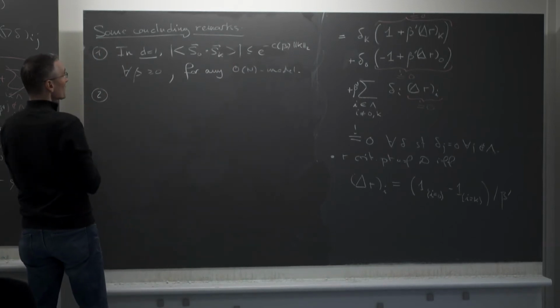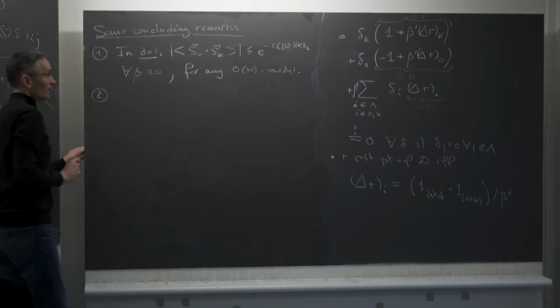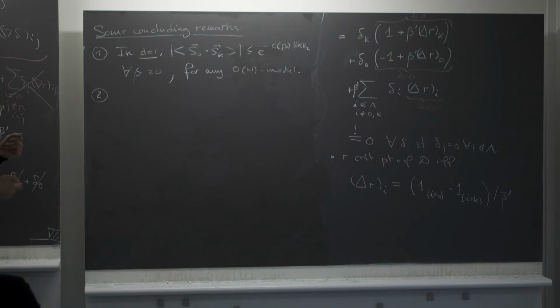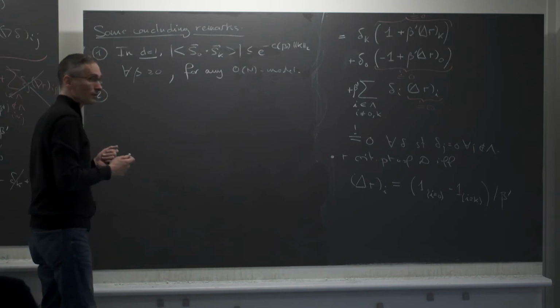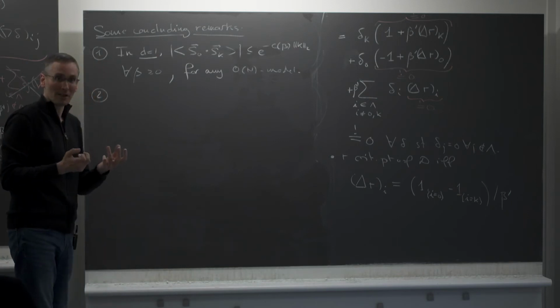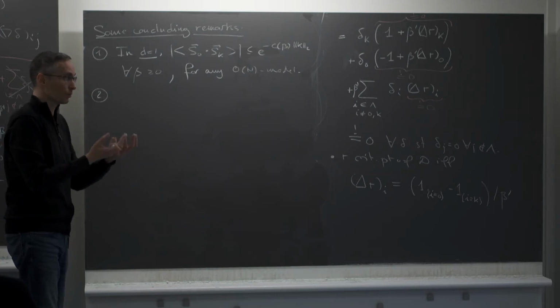Okay. Second thing is, in our result we only proved this decay in dimension 2. It's because in dimension 3 and higher there is no decay because, as I mentioned, in this case at low temperature there is positive magnetization.